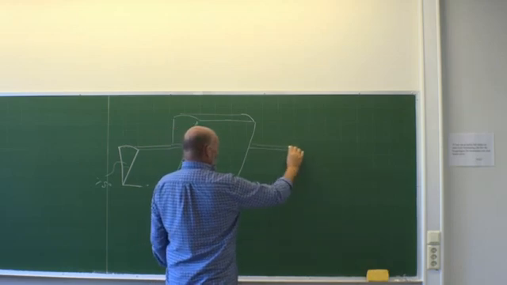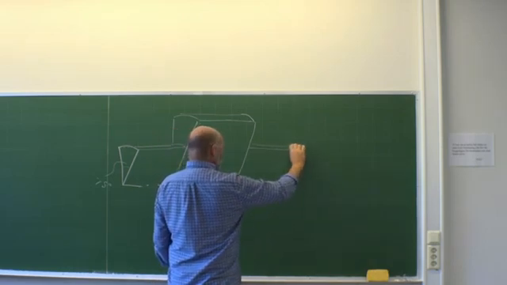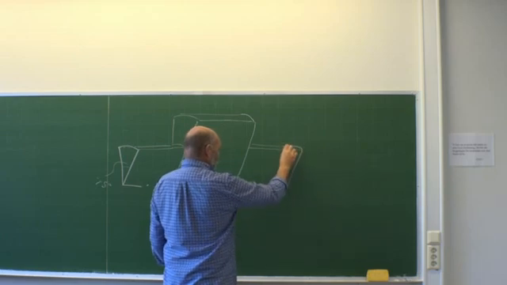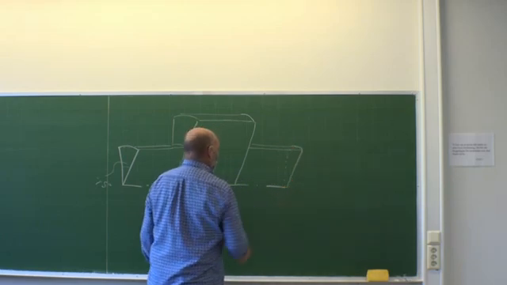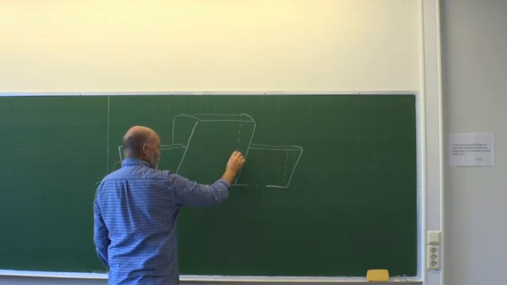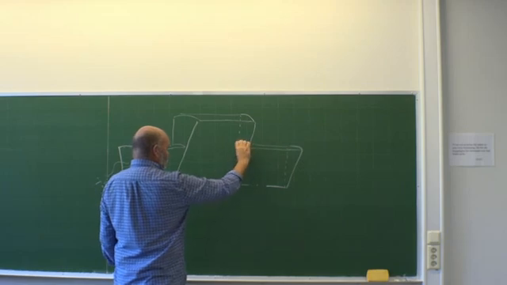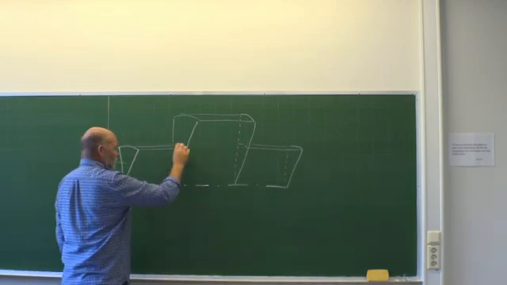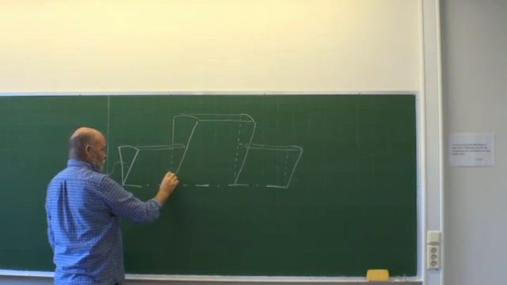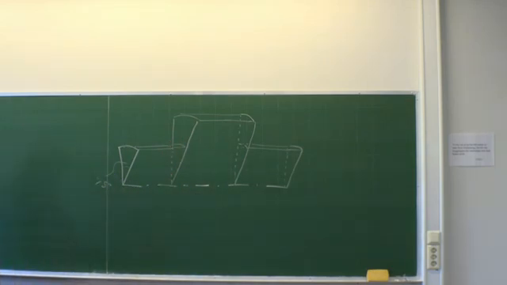Let's see now, and then we finish off here. So here you have the mesh system. It should be like that, and this one should go all the way down there. There we have it.